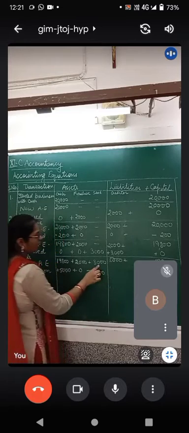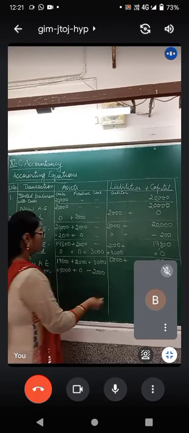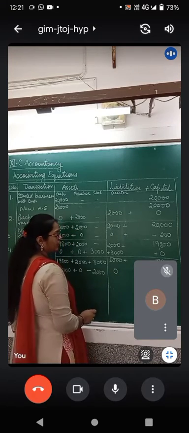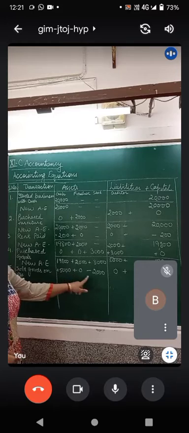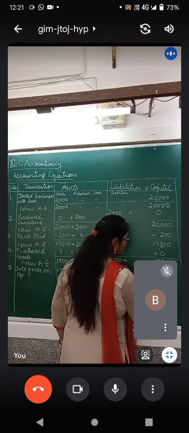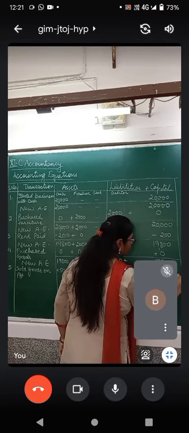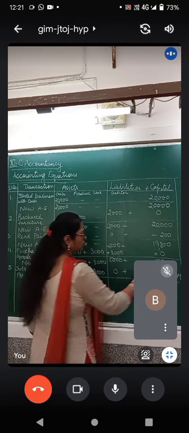So out of a balance of 3,000, 2,000 is sold off, minus 2,000. No change in the creditor, and because there is a profit, what are we going to do? We are going to add that profit to capital. This is a profit on sale of goods. And we'll work this out.